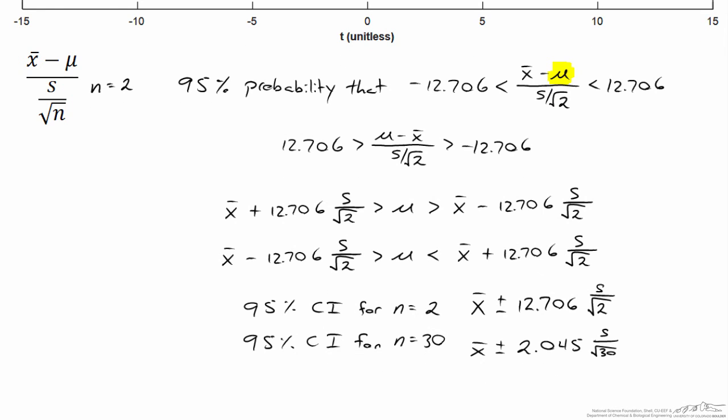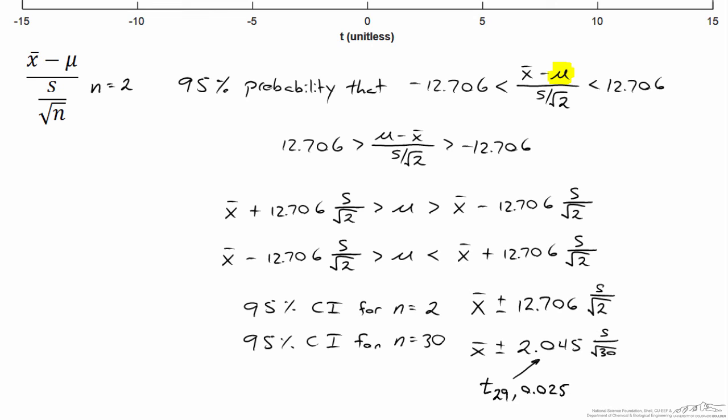In this value, 2.045, we'll call it the t-distribution with 29 degrees of freedom, and we want to know the probability of them being less than 97.5%. So I look that up in my t-table or in my computer, and I find a value of 2.045 for this.